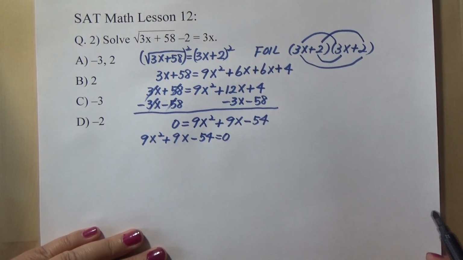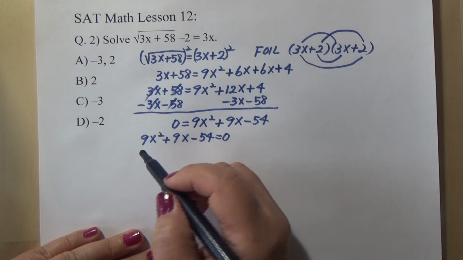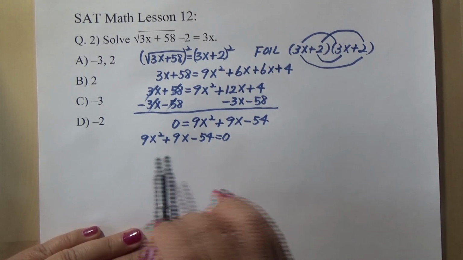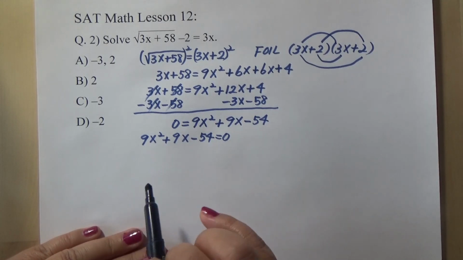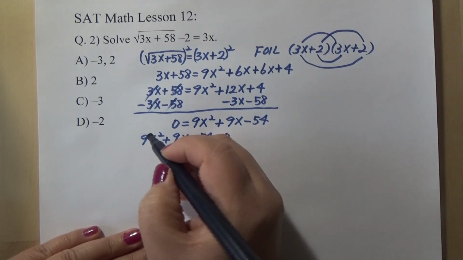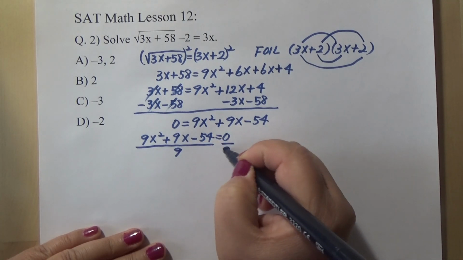So now we have to factor this. However, the leading coefficient is 9. So if we divide the entire equation by 9, the calculation will be much easier. So let's do that. Divide by 9, divide by 9.